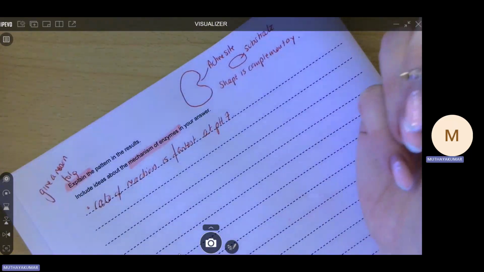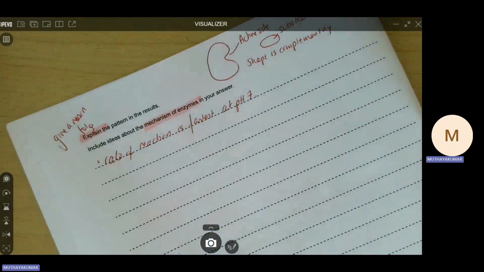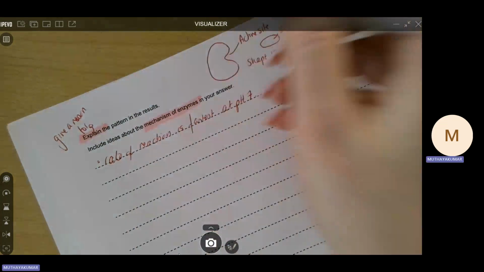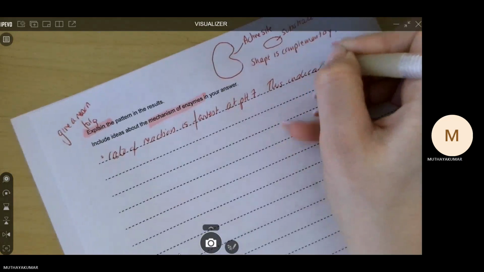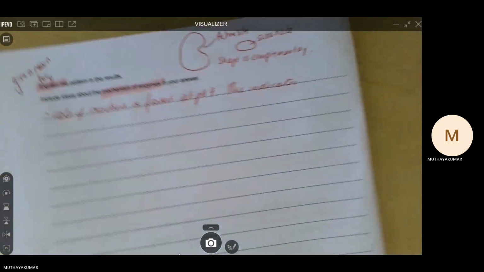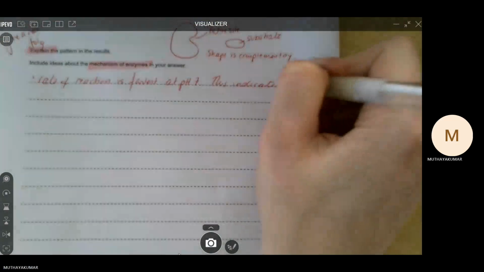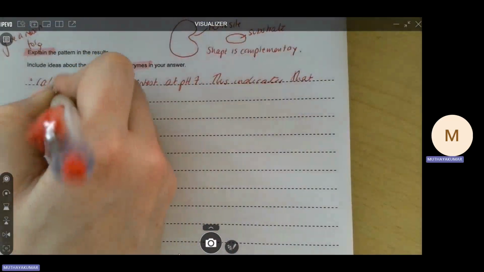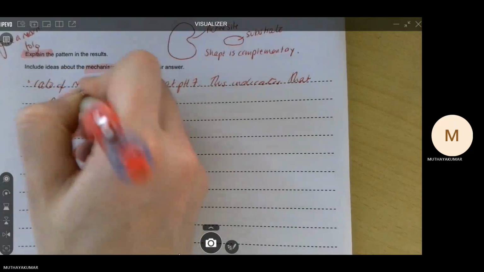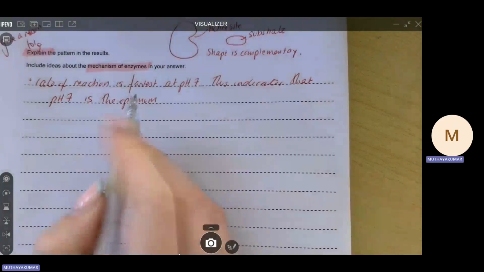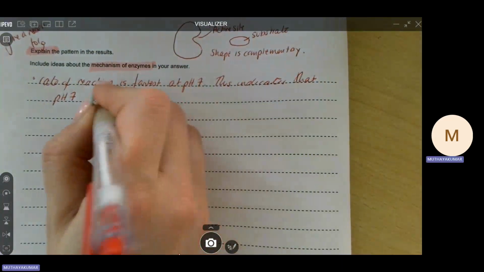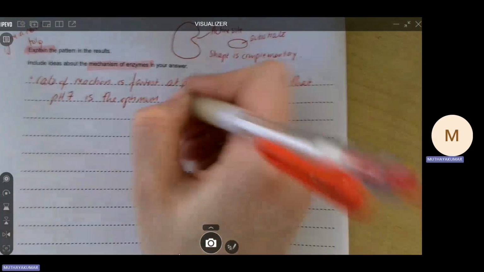Now, the term that we need to use when it talks about the fastest rate of reaction with enzymes is that it is the optimum. So this indicates that pH 7 is the optimum, where it works at its quickest, pH for amylase.